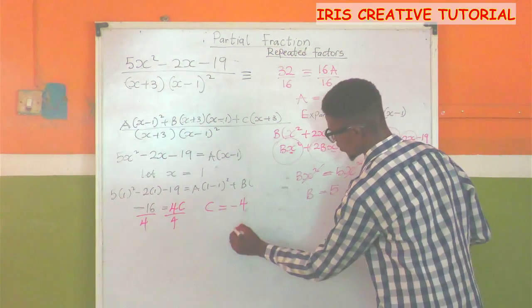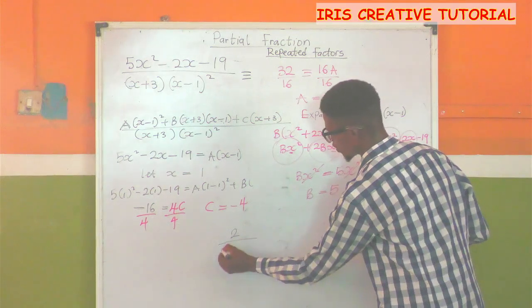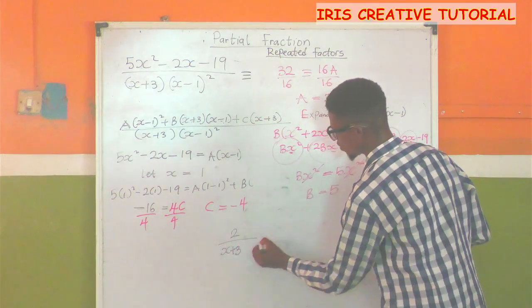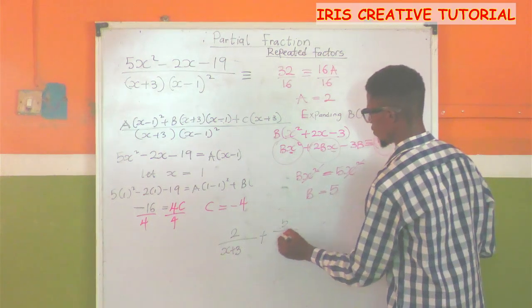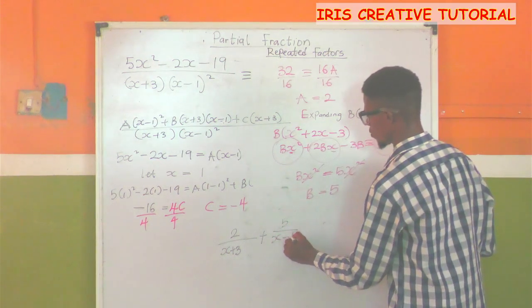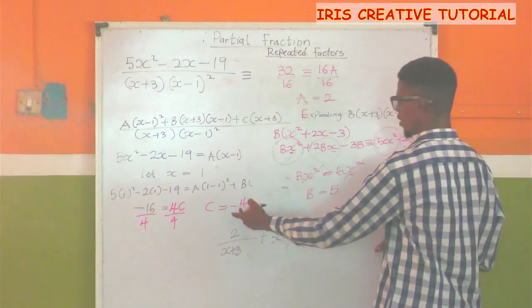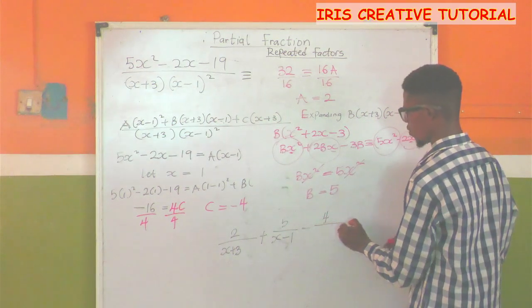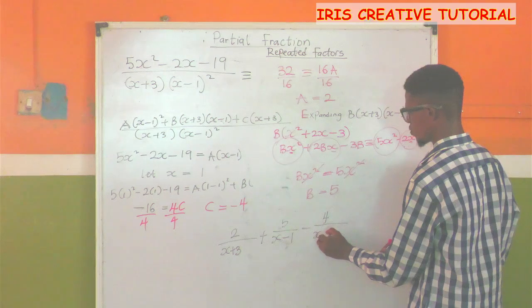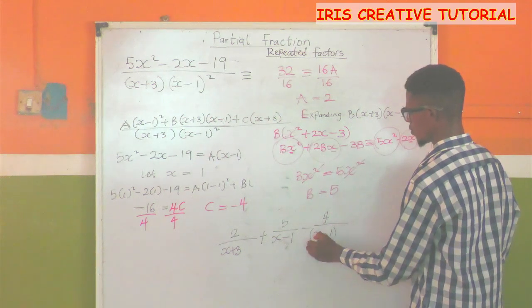So our final answer will be 2 over x plus 3 plus, b is 5, right? 5 over x minus 1. Then c is minus 4. That means that the sign here will change to minus. I'll say minus 4 over x minus 1 all squared.